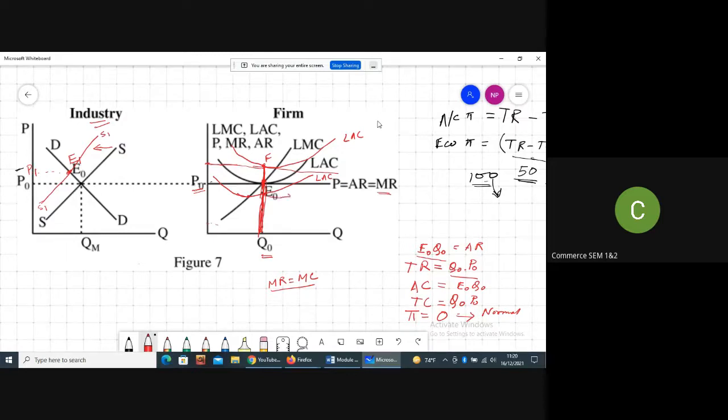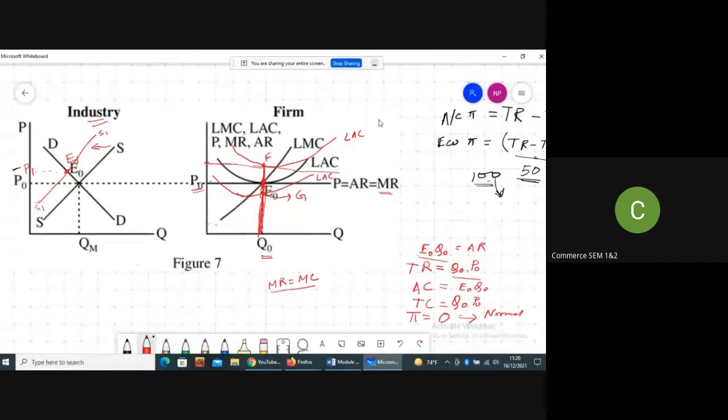So this point, they call it G. So GQ0, this vertical distance, is the per unit cost. That means firms will earn this E0G amount of supernormal profit per unit. So each firm will earn some amount of supernormal profit, which will basically be the area of this rectangle.